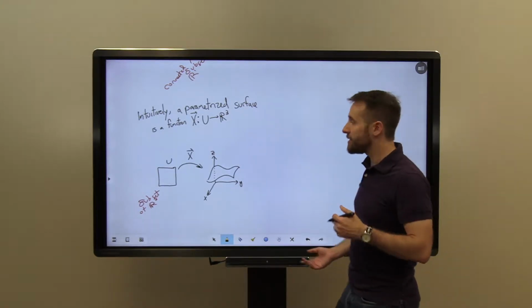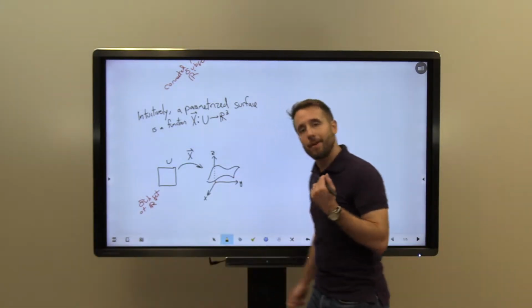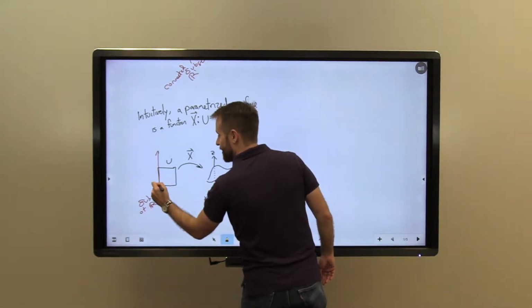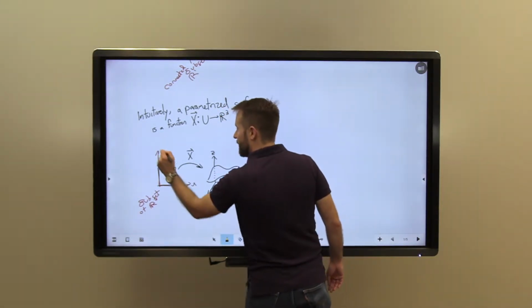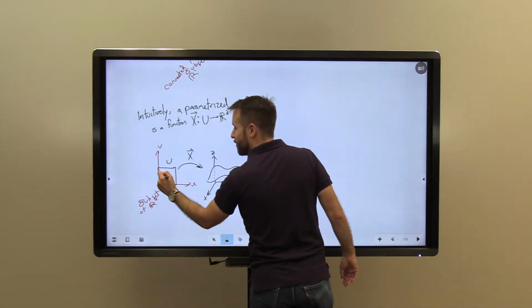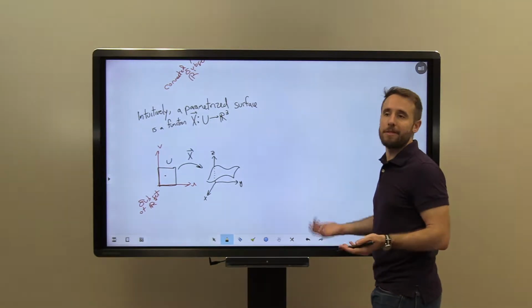So I'm going to consider this subset of R2 as living in the uv plane, and every single point will be some point u comma v.